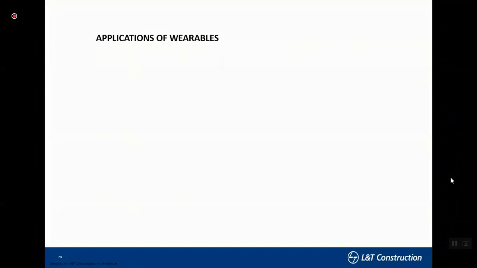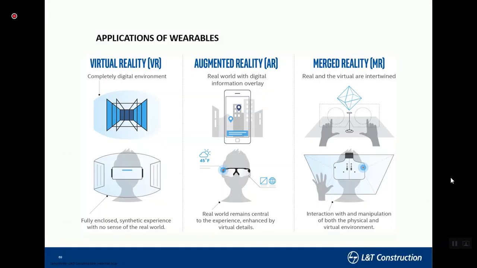Now, as I told, we are there right from the beginning to the execution part of it. At various stages, we need various equipment to view the model. The technologies are not only looking at them through computers or through mobile phones, but it has also moved into VR, that is virtual reality, augmented reality, and merged reality.